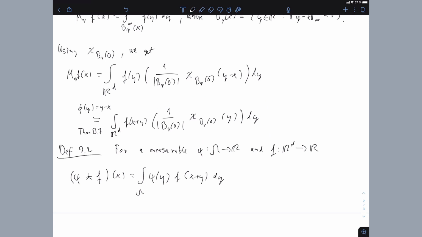And this is called the cross correlation of f and psi at position x.